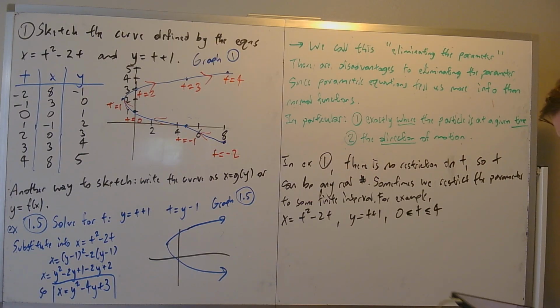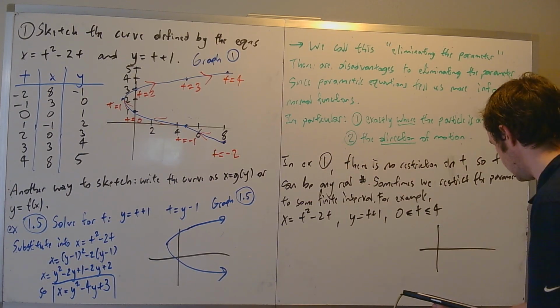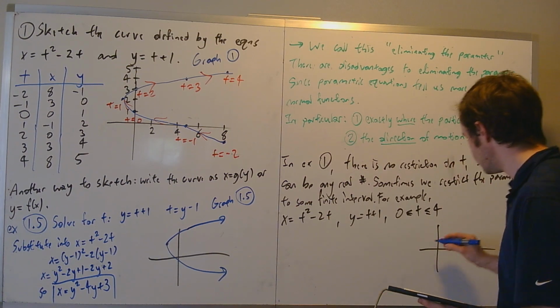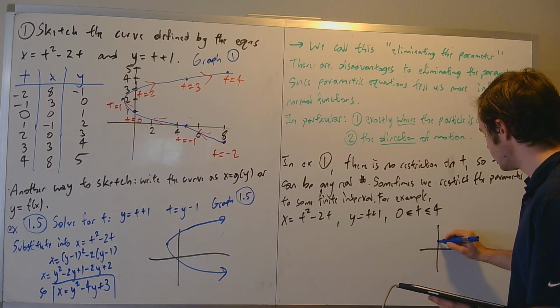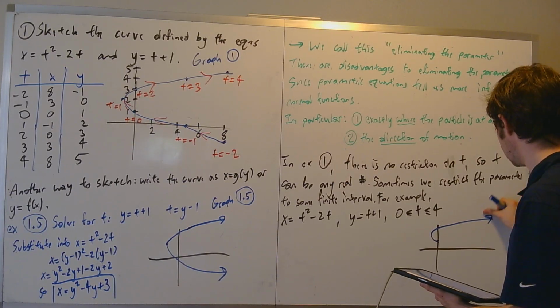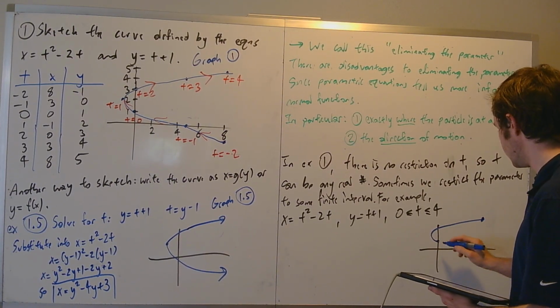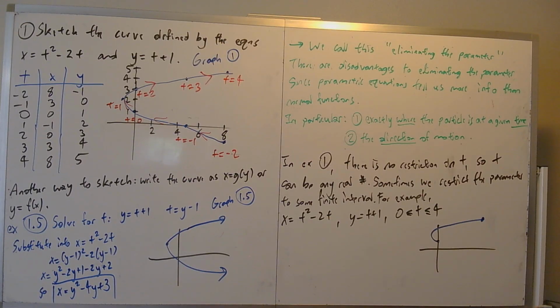So let's go ahead and look at what this looks like. Well, if we drew it, then we know we're just having the part that starts at t equals 0 and ends at t equals 4. Right. So this is the part of the curve that we have.